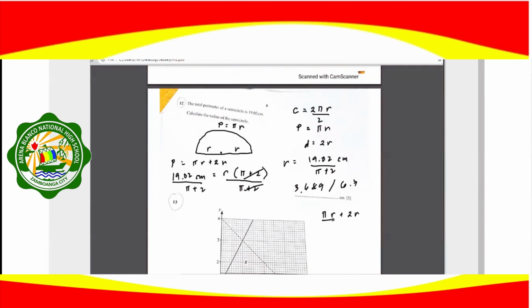The common factor is r. So pi r divided by r is pi. 2r divided by r is 2. Correct? That is why you have this one here. Oh, okay. Are we clear now? Yes. Okay. So are you done? Almost.